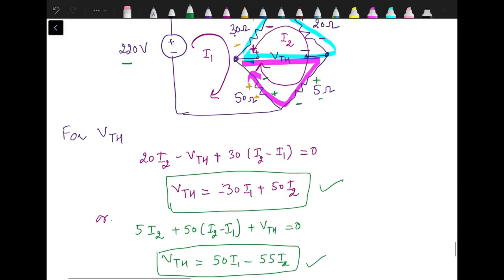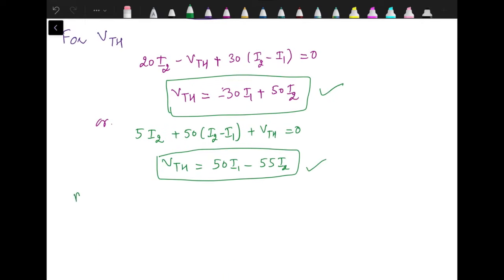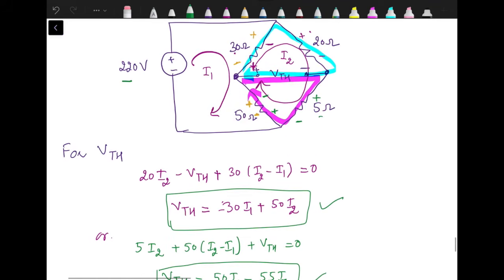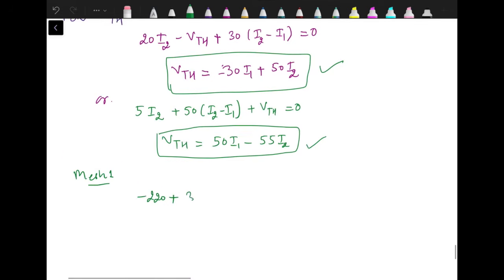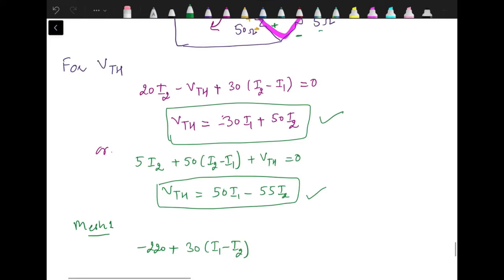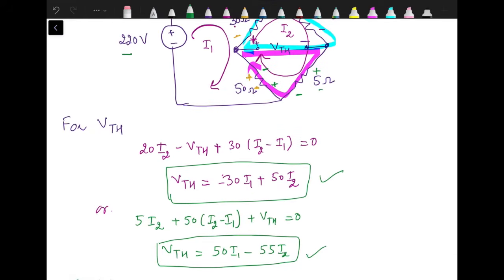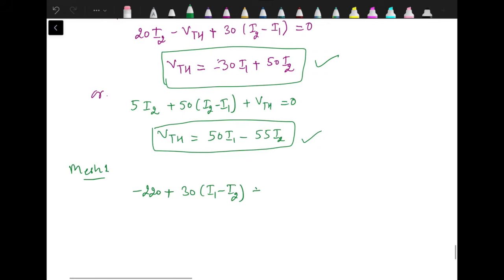The mesh 1 equation will be minus 220 plus 30 into (I1 minus I2), then plus 50 into (I1 minus I2) equal to 0.